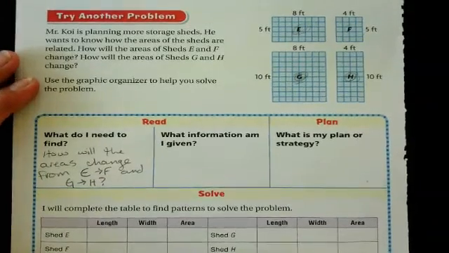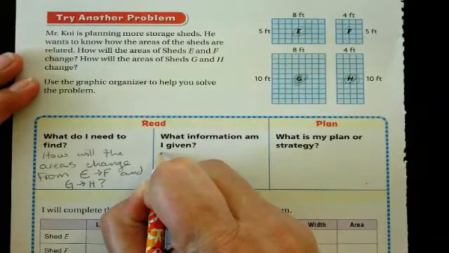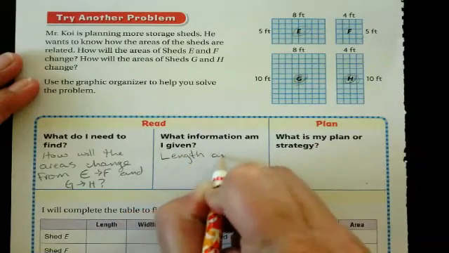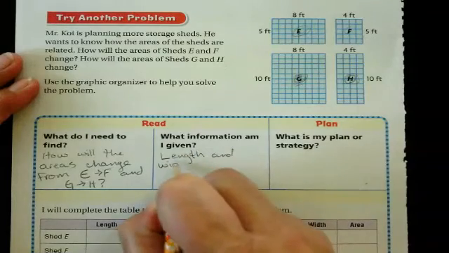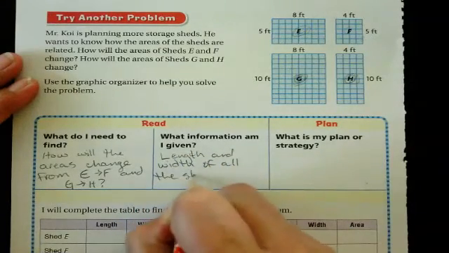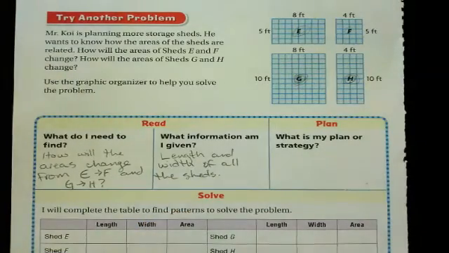What information am I given? Well, I know the length and the width of all the sheds. Right? Yes. And I can use that to find my area because I know that length times width equals area.